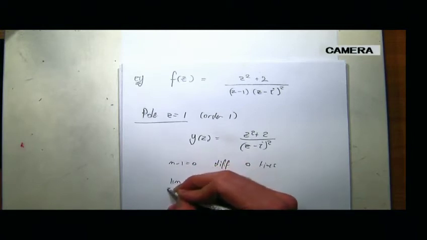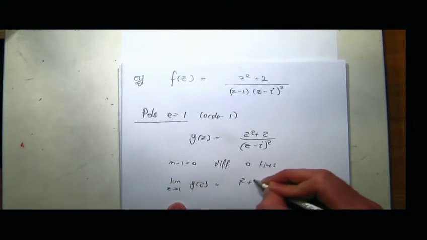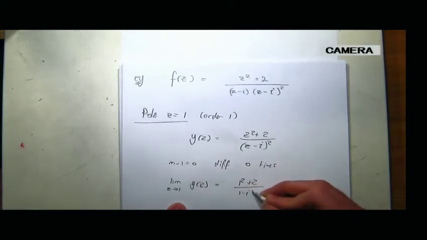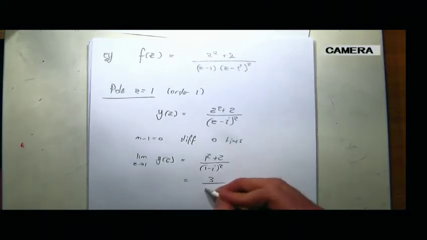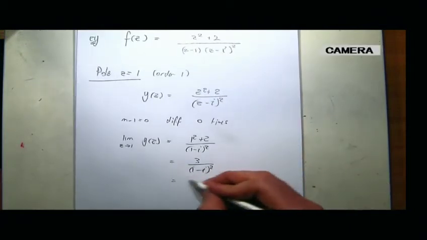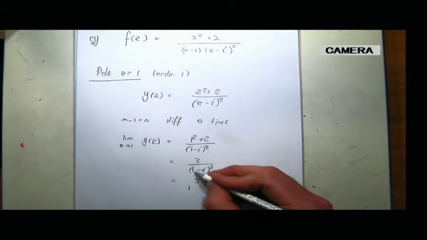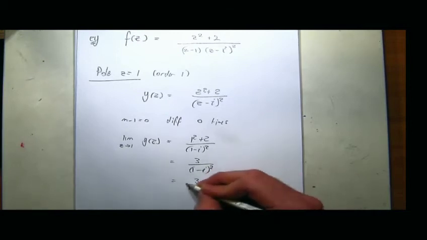Limit as z goes to 1, so g of z is (1 squared plus 2) over (1 minus i) squared, which is not happy. I should probably do some maths to try and figure out what that number is, but I'm not. Well, maybe I will. So 1 squared minus 2 times 1 times i plus i squared.